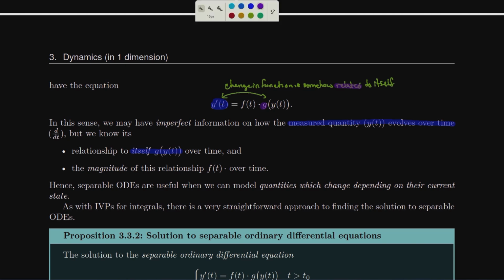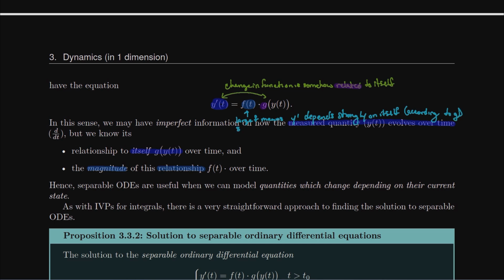And then what is F doing in this case? F ends up playing the game of the magnitude of the relationship, right? So F is sitting outside. It's saying, well, if F is large, it means that y prime depends strongly on itself. Of course, according to G still.